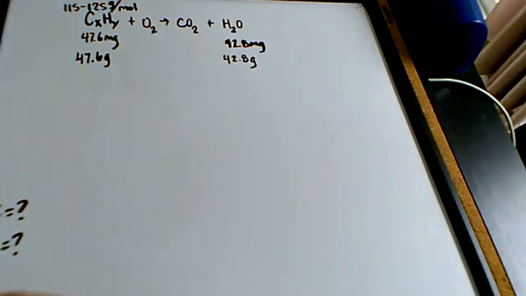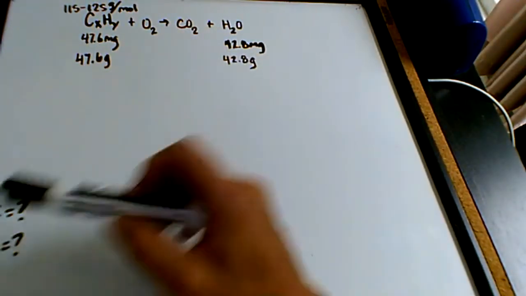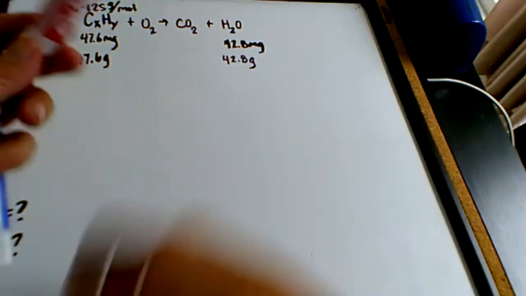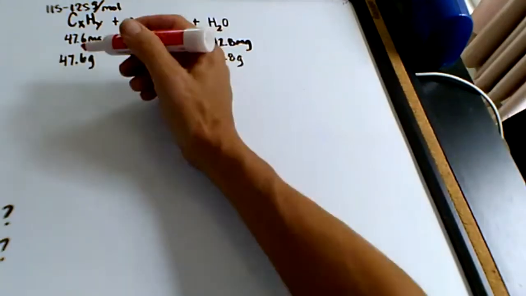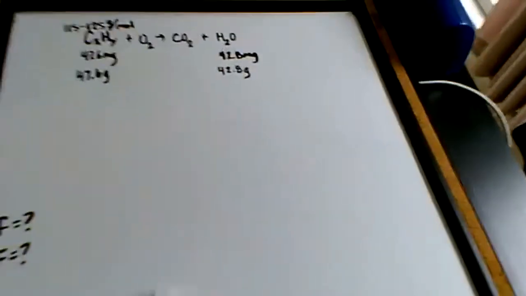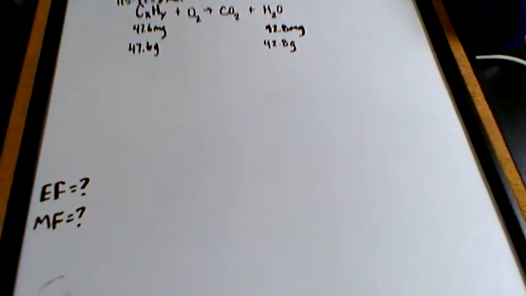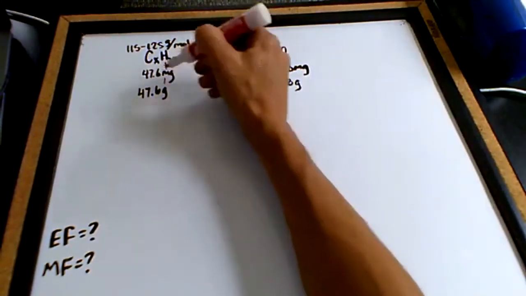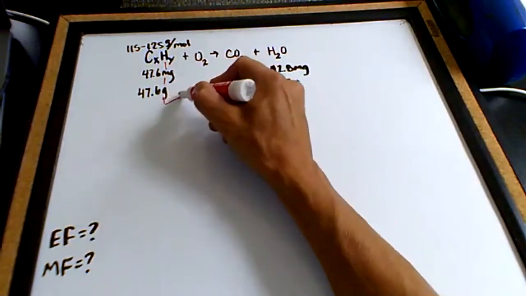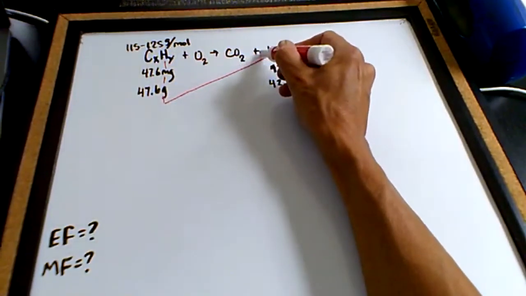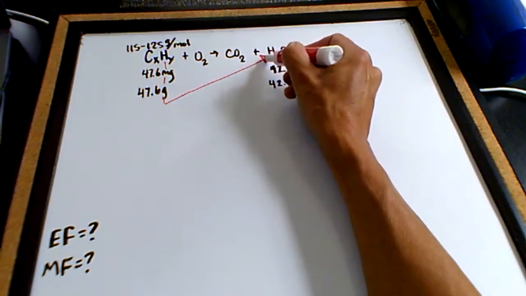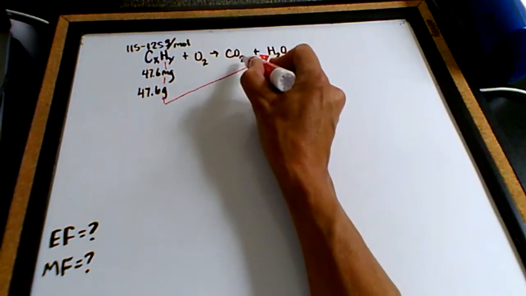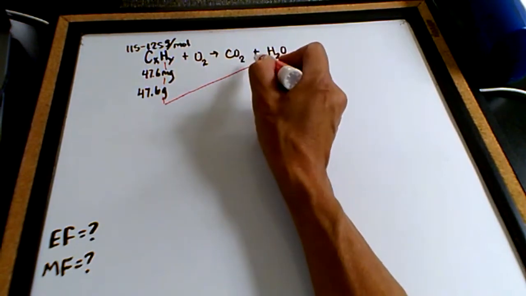Now, what you need to notice is that our hydrocarbon contains only hydrogen and carbon atoms. And when we combust it, the only place that the hydrogen goes is into the water. Now, we have to assume complete combustion, which means all of this has combusted and this is all carbon dioxide, and none of it is carbon monoxide.